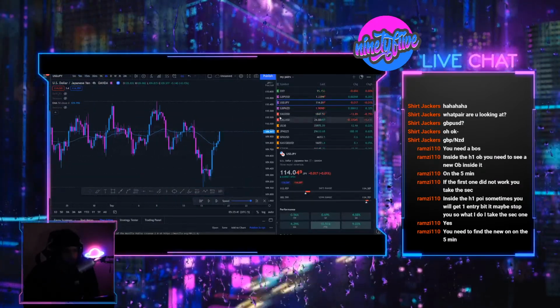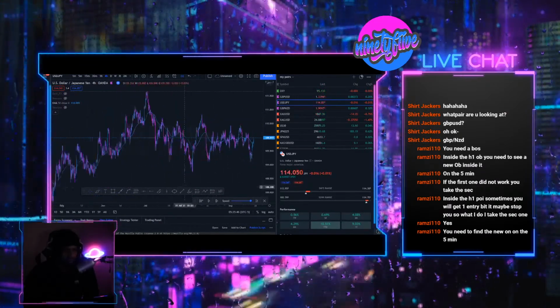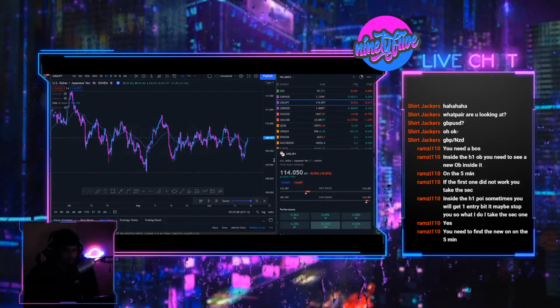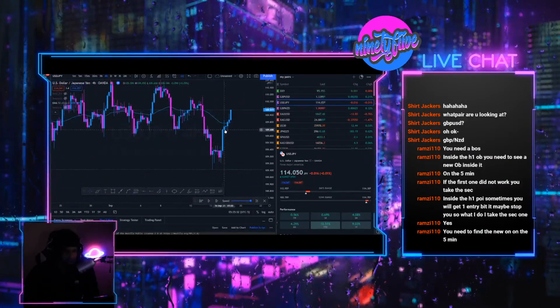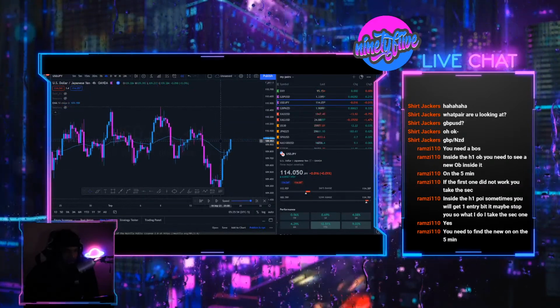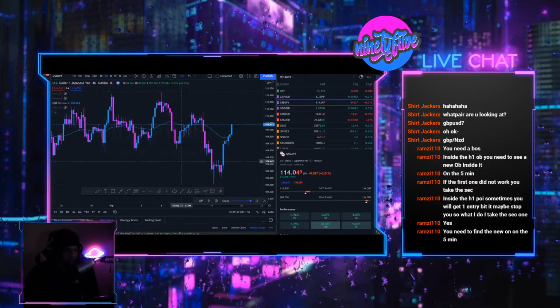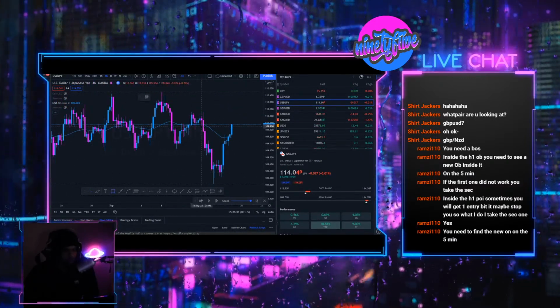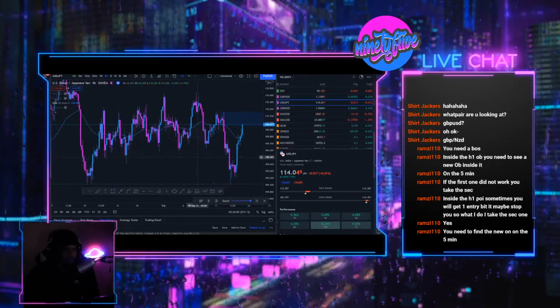Alright, let's see what we got going on. Continuation for the most part on the 4-hour daily. That looks solid. Usually I just like to sandwich price first before I determine where I think it's going long term.